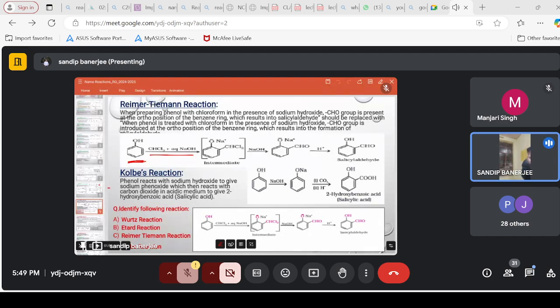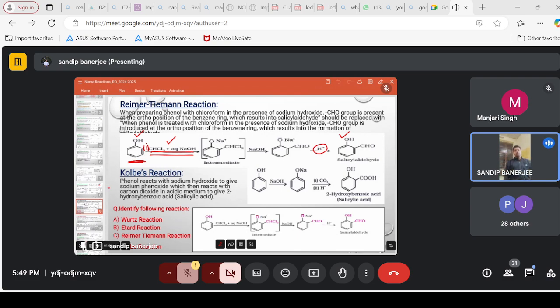The intermediate is not essential for your exam. You have to write substrate, reagent, and only the final product. You have to mention in reaction number 1 CHCl3, this one, and in the final stage H plus. You have to write only the salicylaldehyde as your product. Do not go into the KOH, NaOH confusion, don't think beyond it.